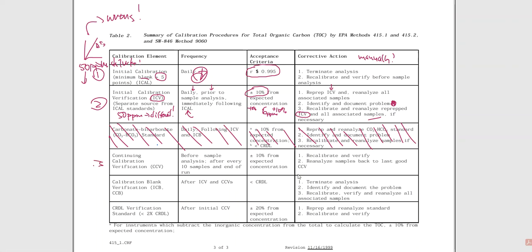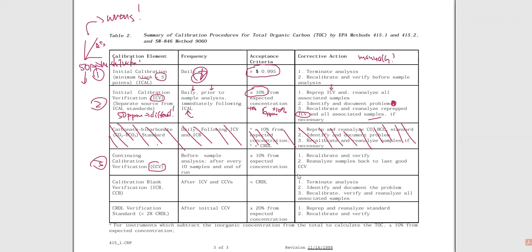Next up, continuing calibration verification. This is known as CCV. Again, module 3, I learned lecture. Good for you. So this looks like it should be analyzed before the samples, and then after every 10 samples, and then again at the end of a run.